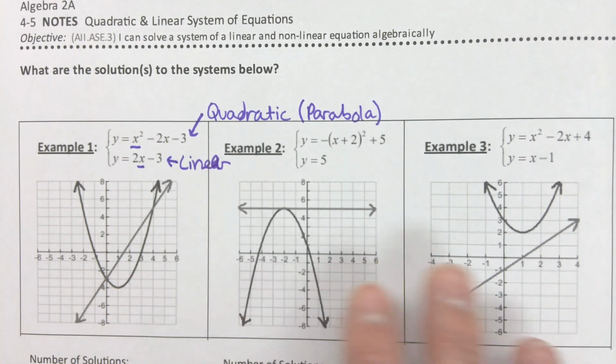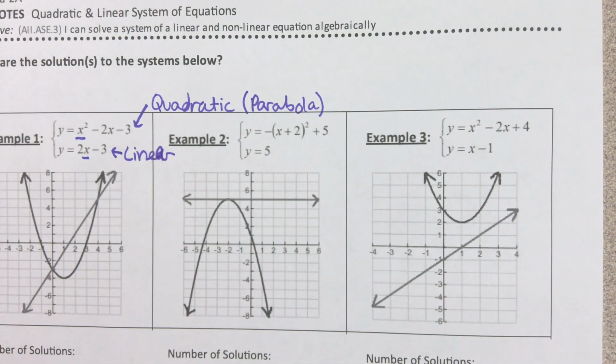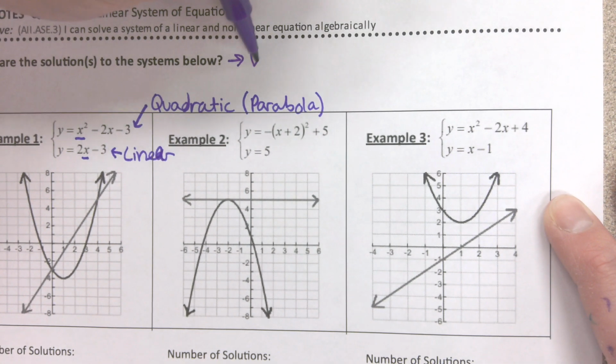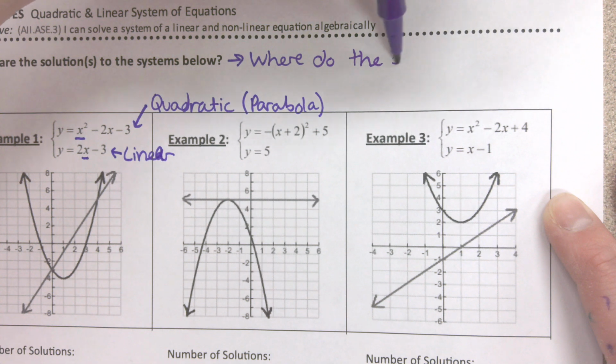When we answer the questions for these examples, the question really is, what are the solutions to the systems below? What it's actually asking, where do the graphs cross?